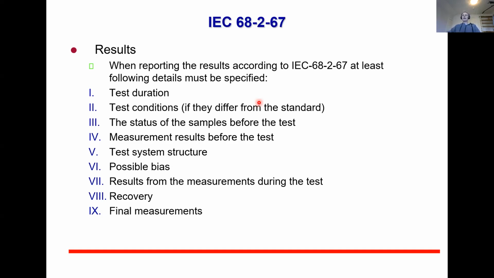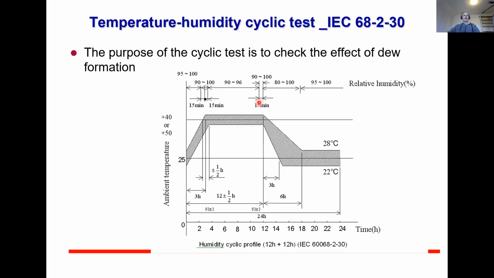Okay, so now we have a few more minutes, so let's quickly check other types of temperature humidity tests, especially these cyclic ones. Here is the same standardization series, again IEC 68, and now number 2-30, which is the cyclic temperature humidity test. The point is that first you heat the system up and you increase the relative humidity close to 100%, but not to 100%, and you have high absolute humidity there.